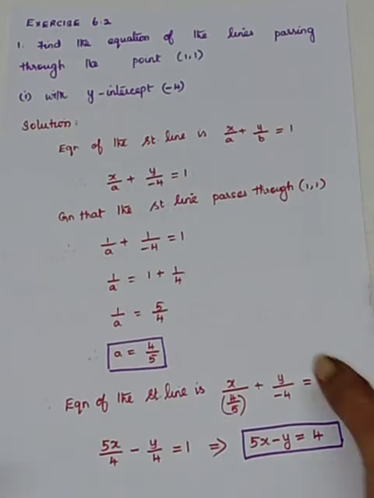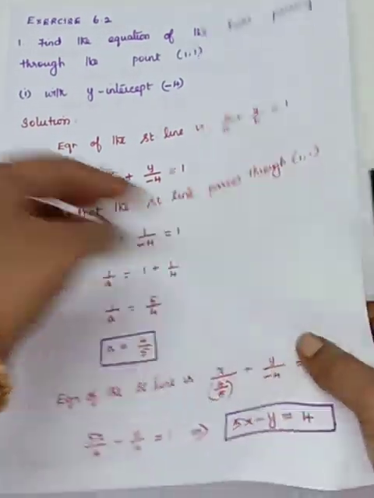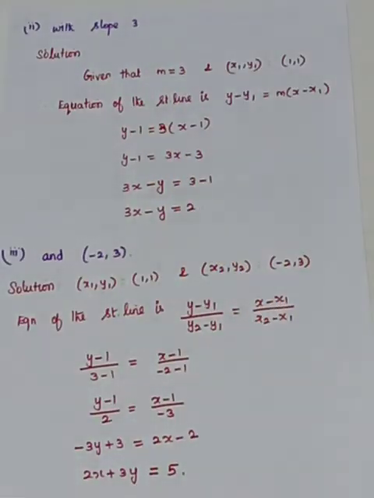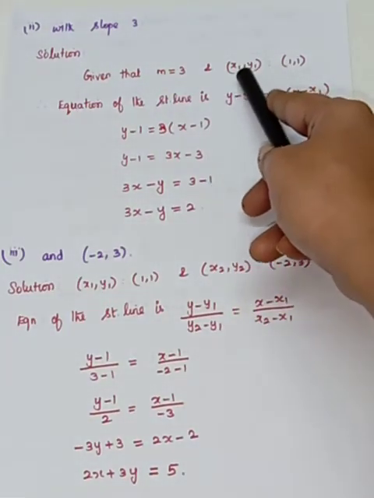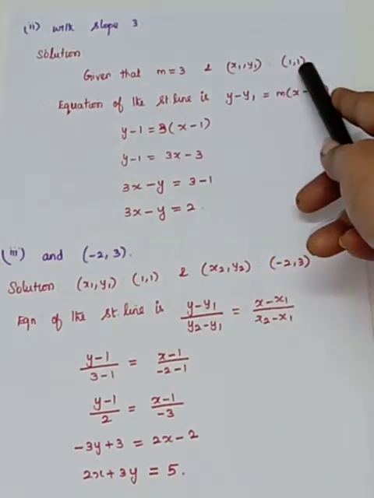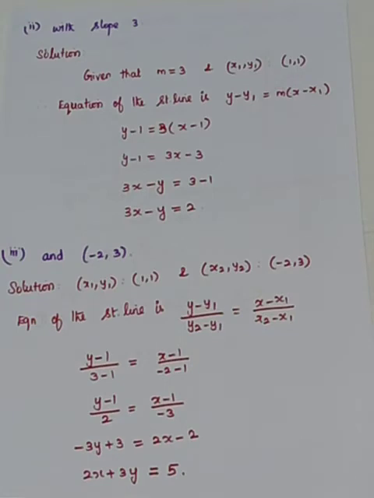And coming to the second subdivision, what is given? The slope 3, along with the passing point. So the slope is taken as m, and the point is x1 comma y1, that is 1 comma 1. One point and the slope are given, so you have to find the equation of the straight line using the formula y minus y1 is equal to m into (x minus x1).